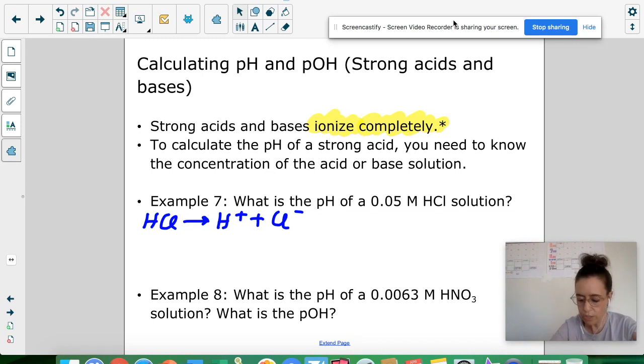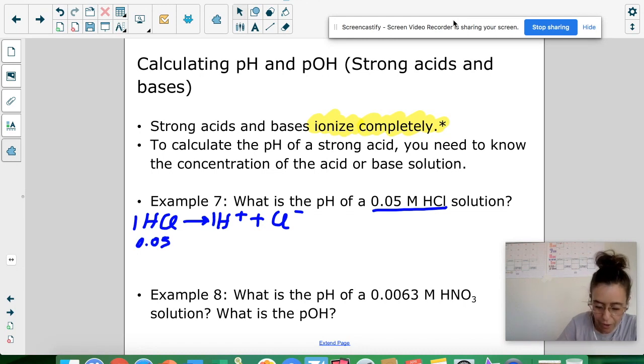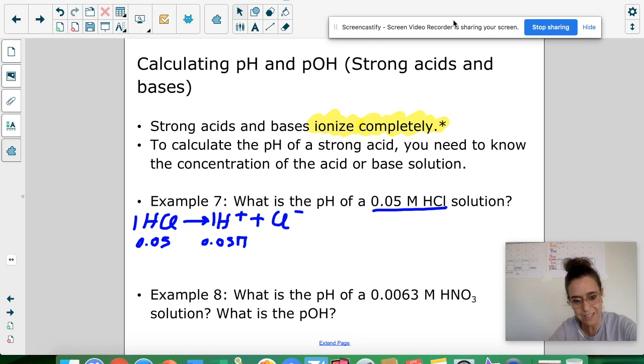So the question is, what is the pH of this solution? Okay, so in this solution, it's telling you that you have 0.05 molar HCl. If you have 0.05 molar HCl, because this ratio is 1 to 1, you also have 0.05 molar of H plus, okay? And that's why it's important that you balance these equations. That means that the concentration, this is what matters to us, the concentration of the protons is 0.05.